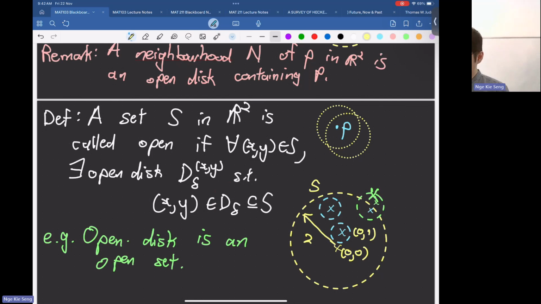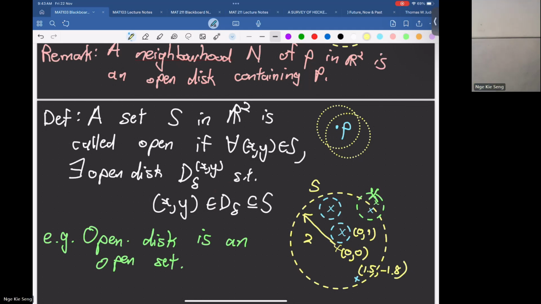And let's pick another point, maybe (1.5, -1.8). So my question is, for these two points here, can you find an open disk that contains these two points and lives inside this ball, this open disk?